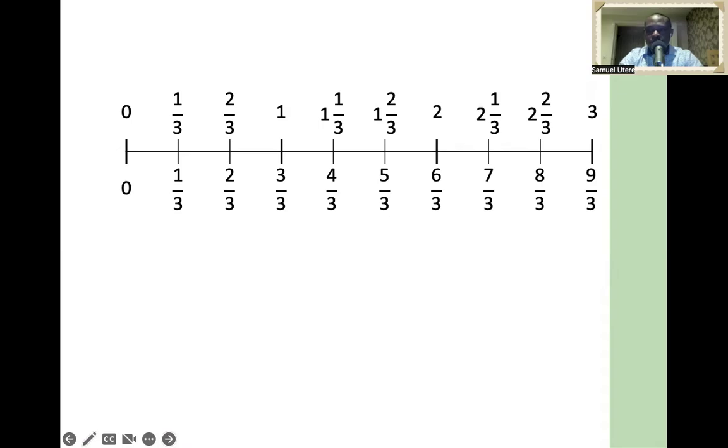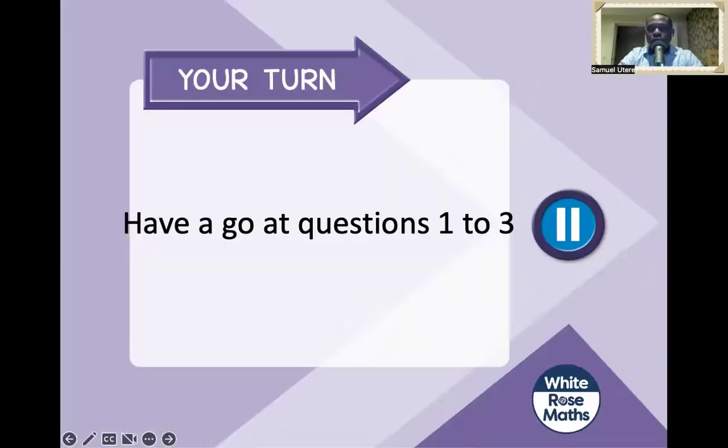Now, let's move on. What you've learned so far is that you can write fractions that are greater than 1, and you have to know that you can write them as mixed numbers, so the whole number is to the left of the fraction and the fraction is to the right of the whole number.